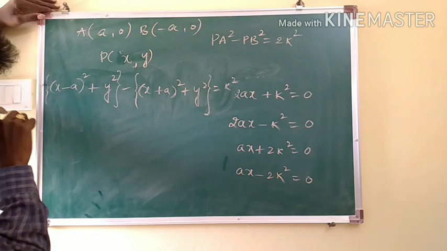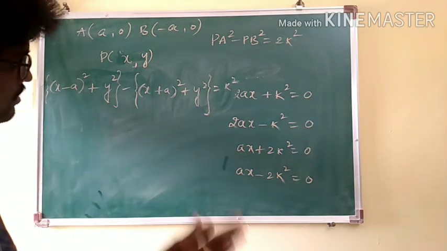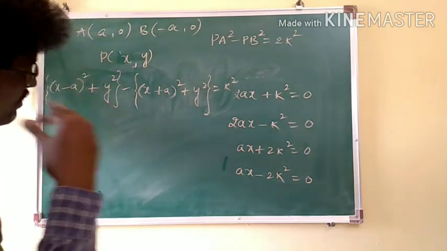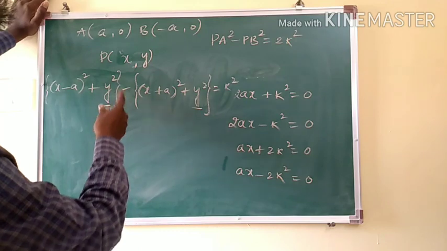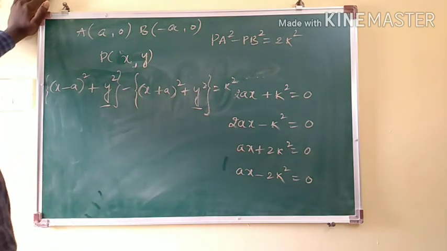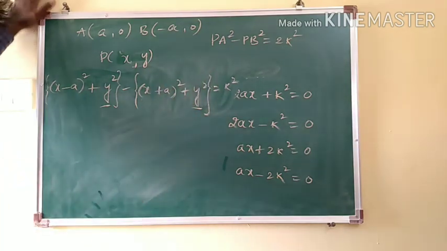Here, instead of expanding everything, you can simplify with simple mental calculation. Plus y square and minus y square get cancelled. Here we have x minus a whole square minus x plus a whole square.